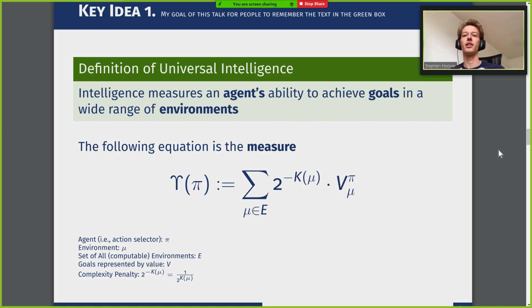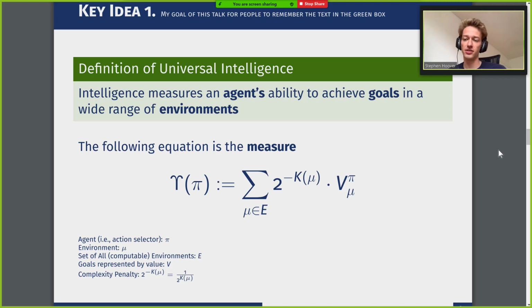Now, if we go back to the text definition, intelligence needs to be across a wide range of environments. So they define the environments as a set, and then they just define it to be the set of all computable environments. Computable is a restriction that you need if you want this to ever run. There are some philosophical implications of it, but it's usually not a problem. Goals are represented by some value, usually how much reward you can get following some policy function.